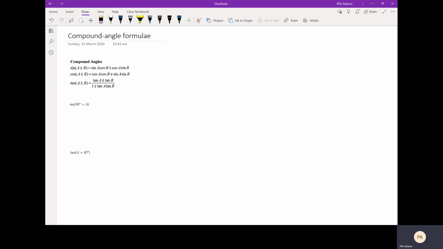So you can see here we've got the sine. If I had sine of A plus B, for example, I could rewrite that as sine A cos B plus cos A sine B. Okay, so we're just turning this sum into two products.